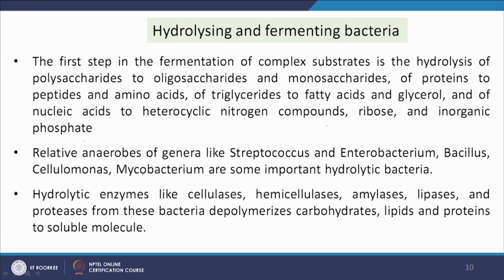Then facultative anaerobes of genera like Streptococcus and Enterobacterium, Bacillus, Micrococcus are some important hydrolytic bacteria. So, hydrolytic enzymes like cellulases, hemicellulases, amylases, lipases and proteases from these bacteria depolymerize carbohydrates, lipids and proteins to soluble molecules.